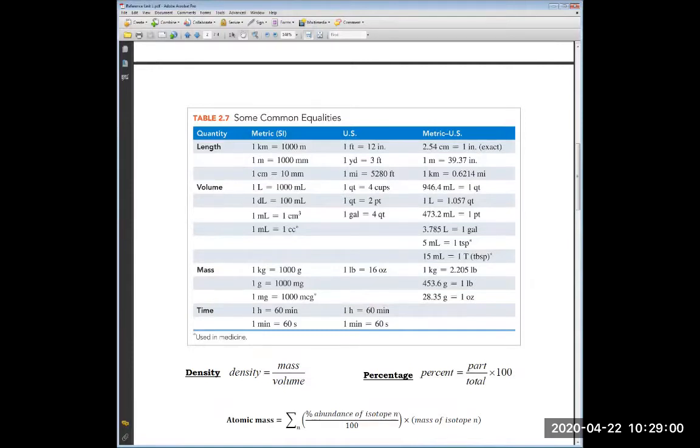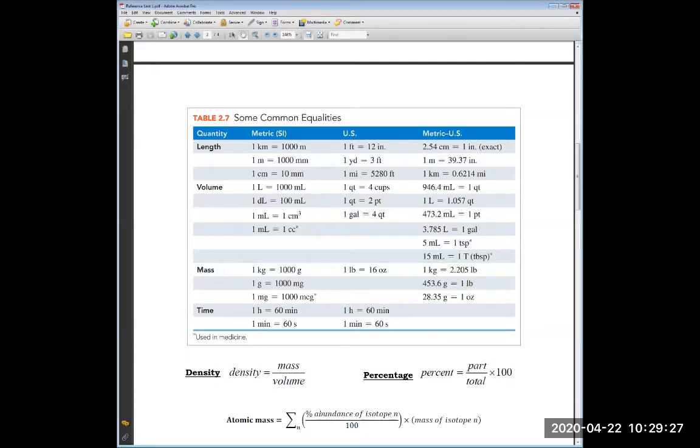Kilograms are a metric unit, and pounds are English or US system. And so here, if we look at mass, we want to look at the third column because it's between metric and US. And there is a conversion between kilogram and pound here. It says 1 kilogram is 2.205 pound.